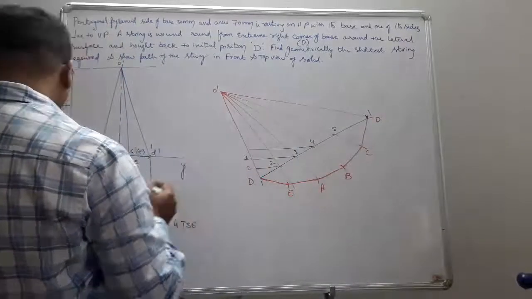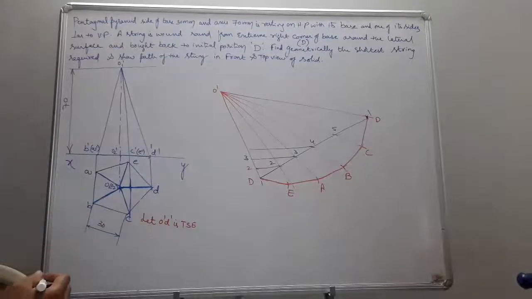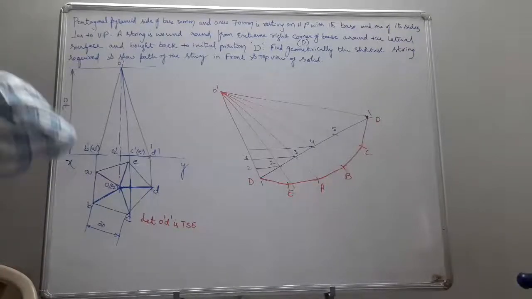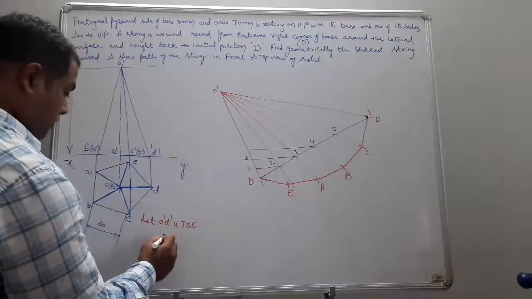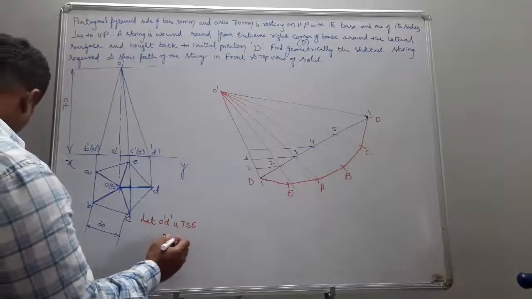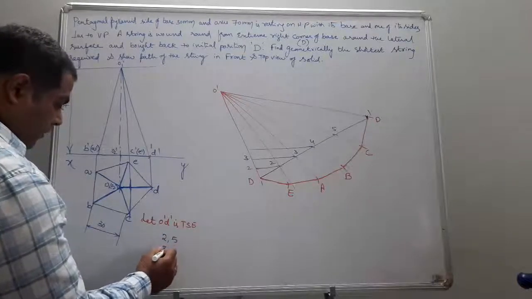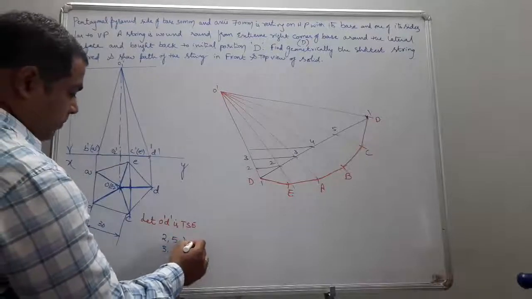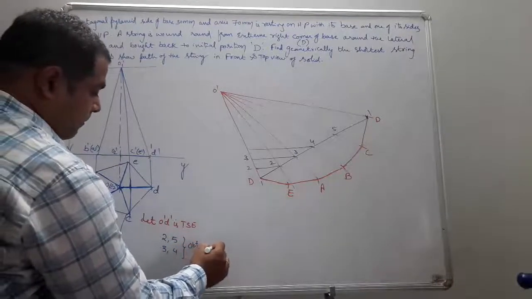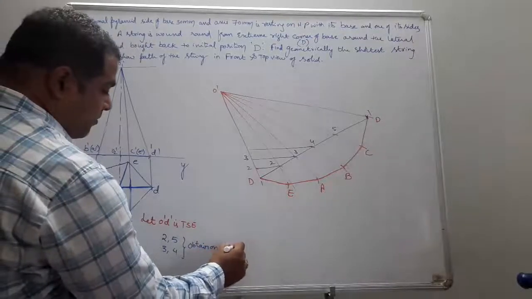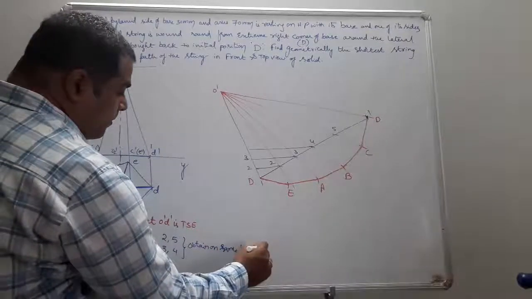Similarly, you just take it, so that means your 2, 5, and 3, 4 are going to come at the same points, which are going to be obtained on the same length actually.